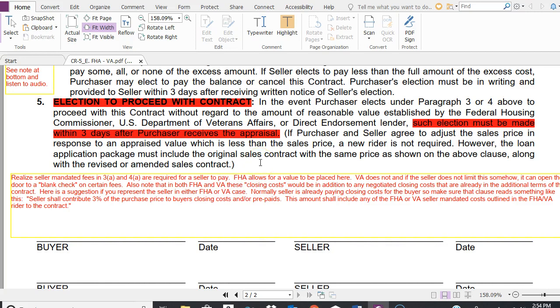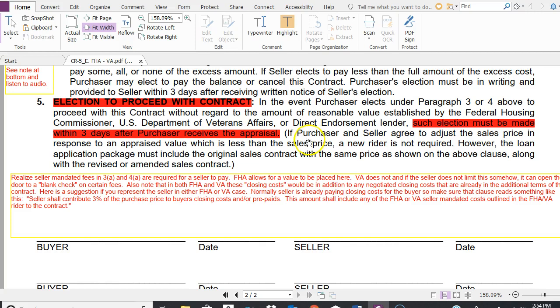As I mentioned here, normally the seller is already paying closing costs for the buyer, so make sure that clause back in the main body of the contract reads something like this. Seller shall contribute 3% of the purchase price toward buyer's closing costs and or prepaids. This amount shall include any of the FHA or VA seller mandated costs outlined in the FHA/VA rider to the contract.